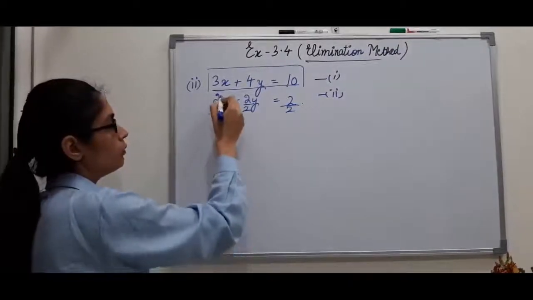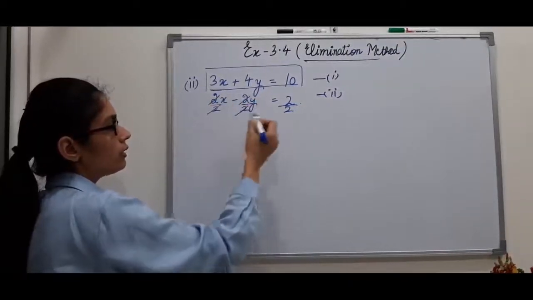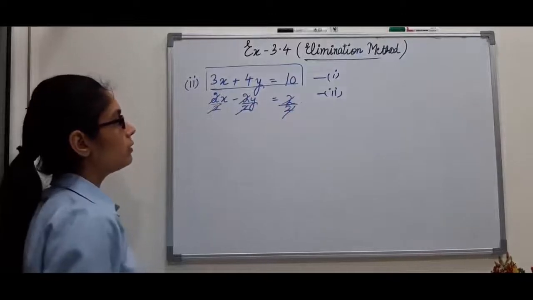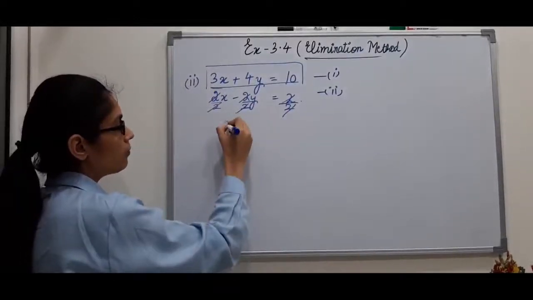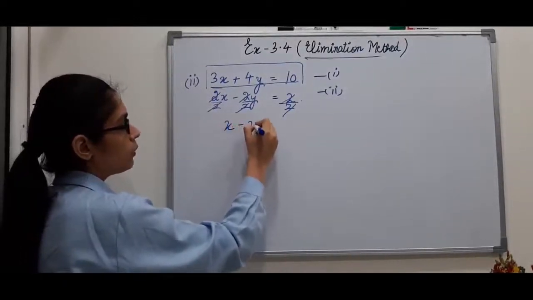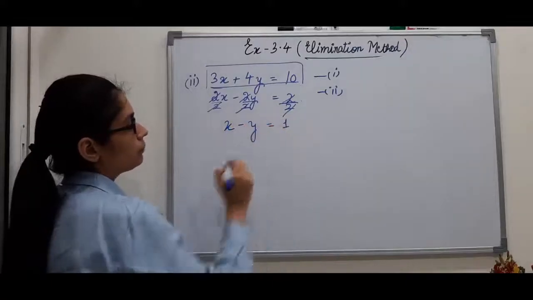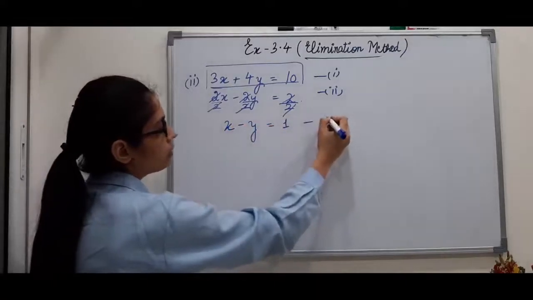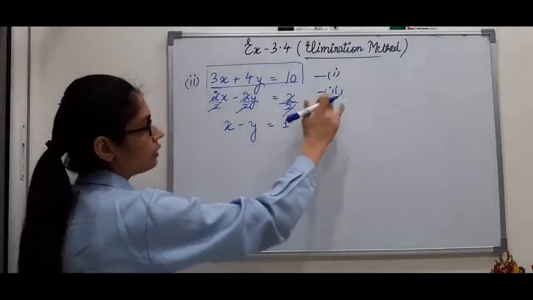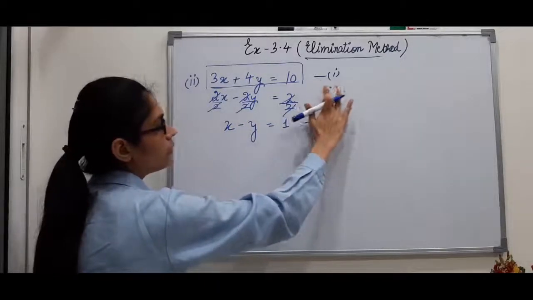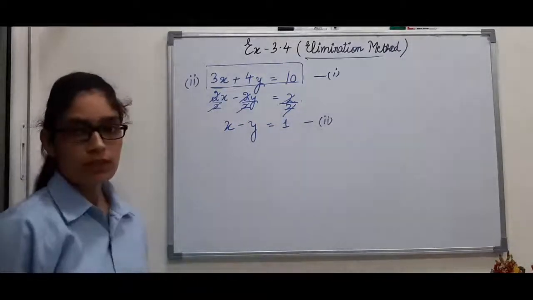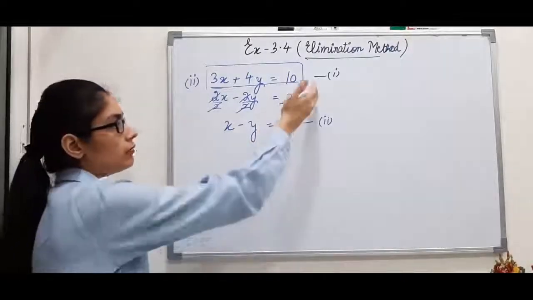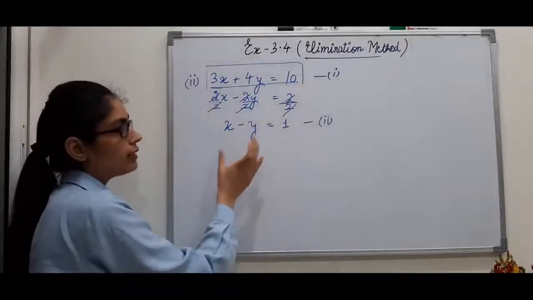So 2 and 2 will get cancelled, and I am left with x minus y equals 1. And this I will consider my second equation now instead of the given equation. So the first thing is to simplify the given equation if it is possible.